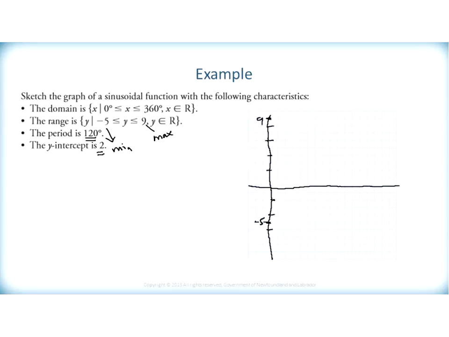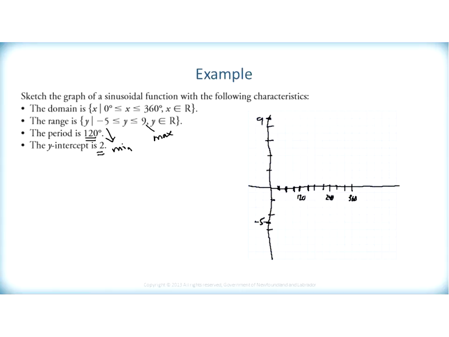If we take the period, which is 120 degrees, and divide by 4, each one of our points will go up by that many degrees. So we're going to have our points go by 30 degrees. So we have 30, 60, 90, 120, 150, 180, 210, 240, 270, 360.